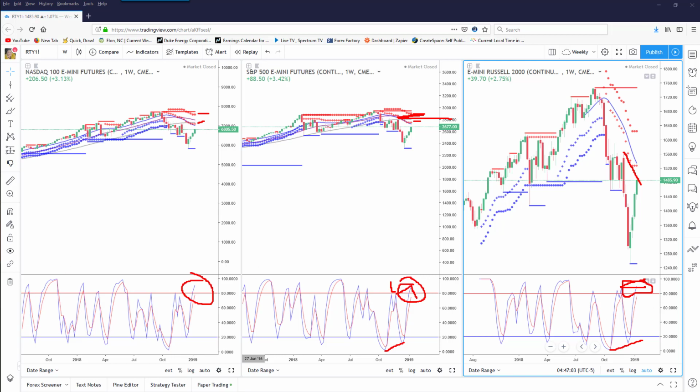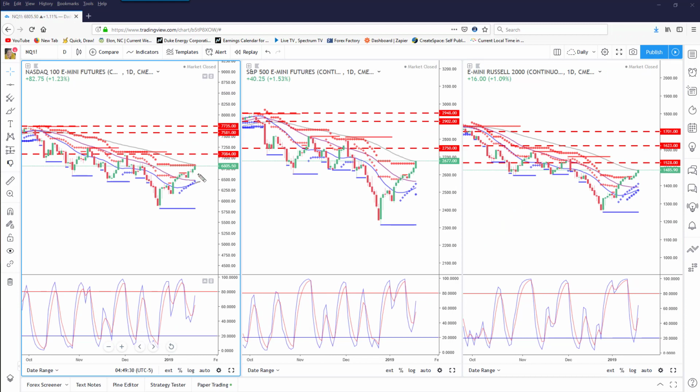So if we go down to a daily chart, now this is your daily chart, and you can see I have marked the ATRs from the weekly and the monthly as well as the red dots. And you can see you have an overhead resistance here, and then you have two overhead resistance here.